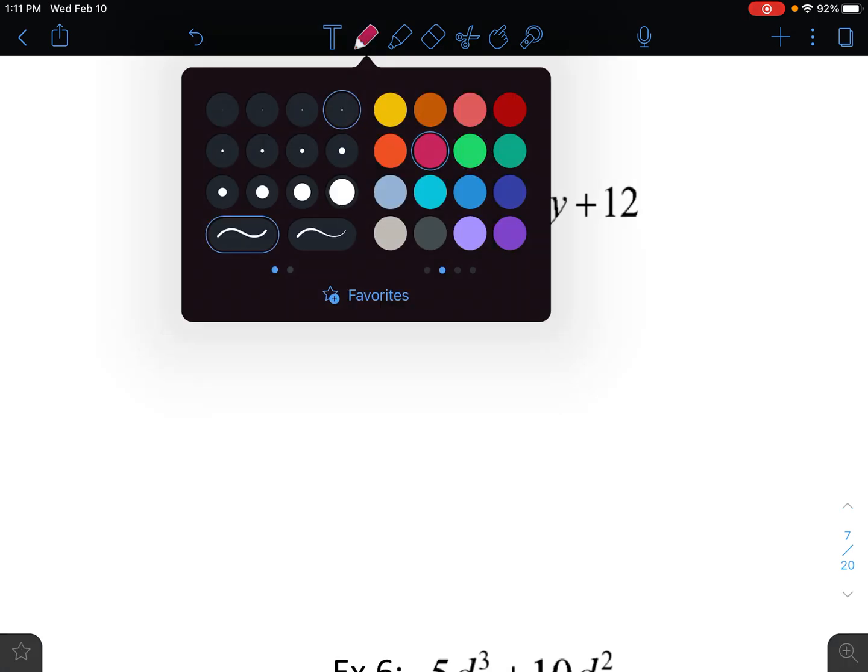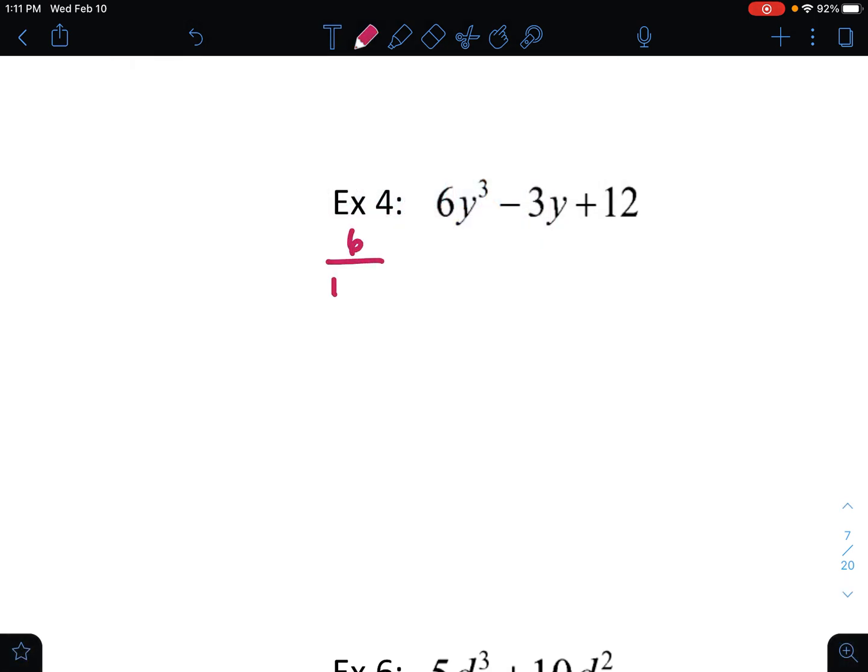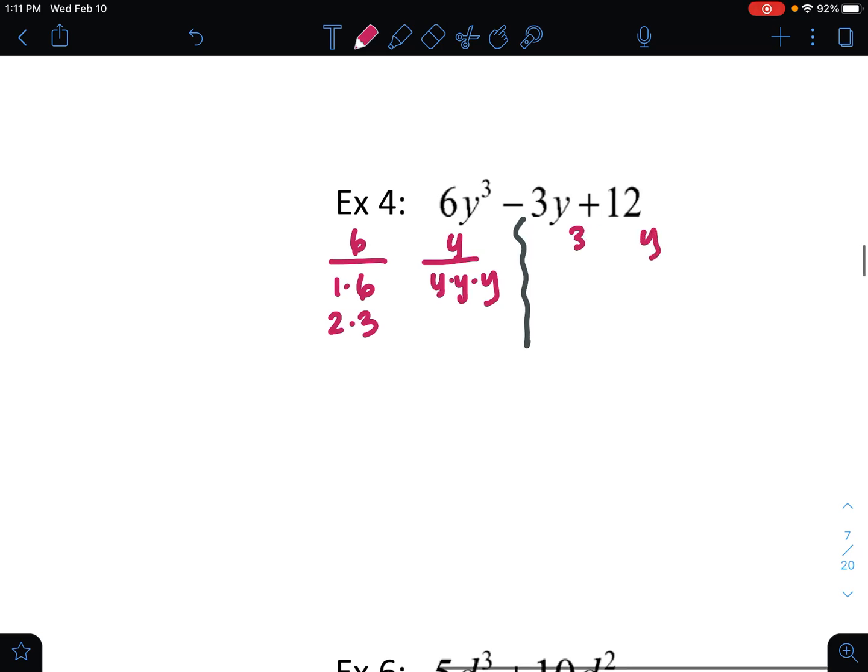Okay, on this one, so I've got, so 6 would be 1 and 6, 2 and 3. And then for y, I've got 3 of them. And then for 3y, let me separate that out. So 1 and 3, and then just a y.